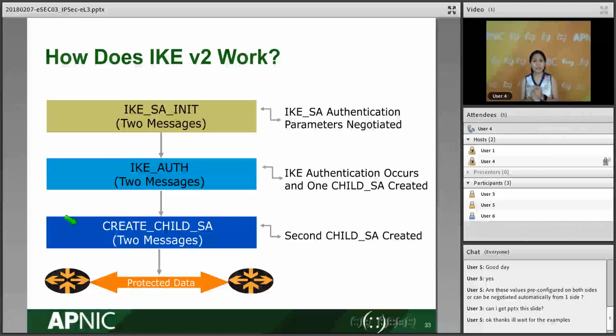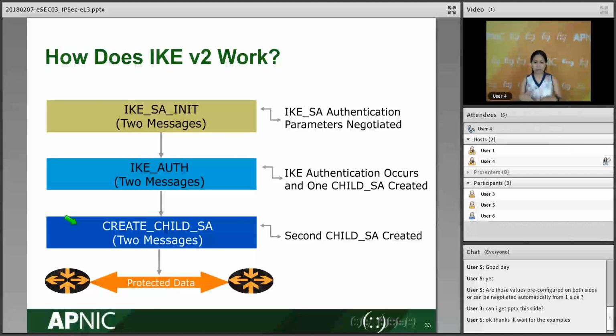Child SA: usually after the IKE auth, you have one child SA, and then you now have a secure channel. Your IPsec tunnel is already formed, and then they can exchange data after that.